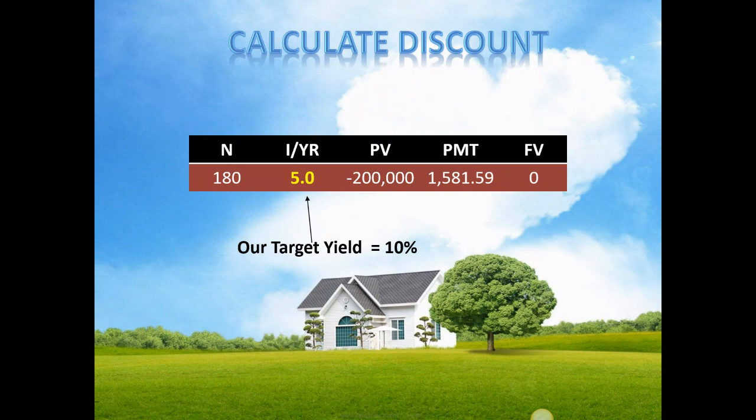So now let's just say that mortgage is in place. It's a 15-year mortgage, and the people are paying 5%. There's a $200,000 balance, and the monthly payment is $1,581, and we want to buy the mortgage. Okay? Because remember, we're note buyers. That's what we do. We get these types of scenarios all the time.